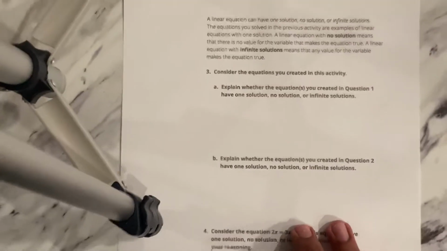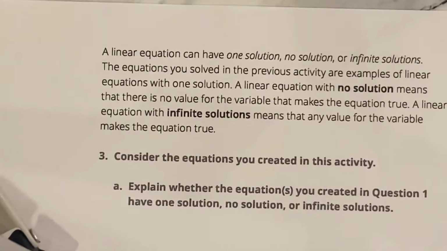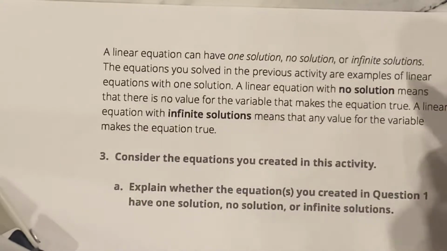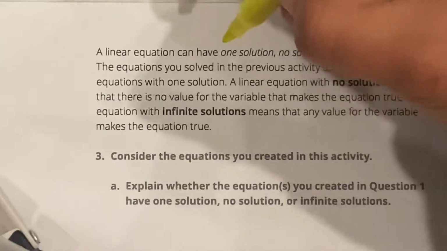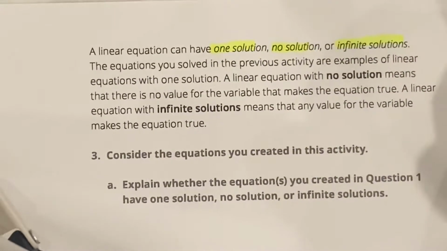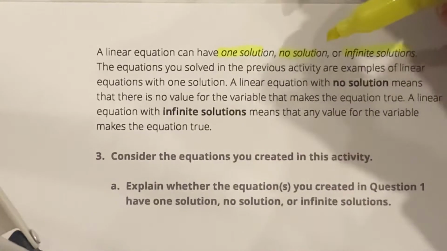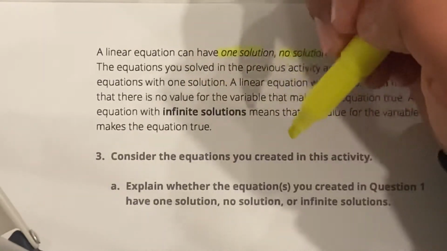And we'll look at this last paragraph just to give ourselves an interesting take. So, a linear equation can have one, none, or infinitely many. The equations in the previous examples are linear equations with one solution, like I just mentioned.